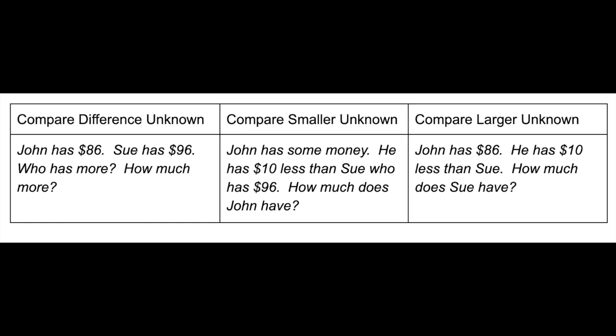Now you could ask who has less and how much less, right? Another type of compare is compare when the smaller is unknown. So using that same context, it would sound something like this. John has some money. He has 10 less than Sue, who has $96. How much money does John have?